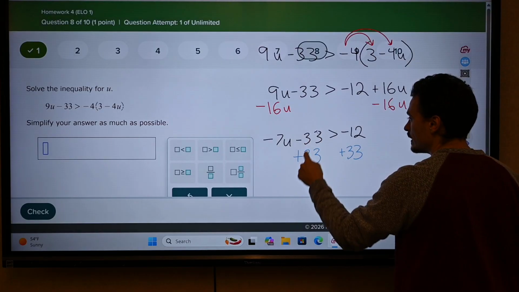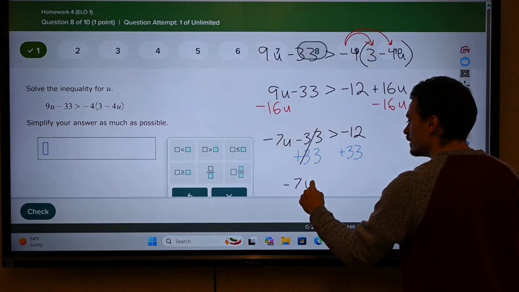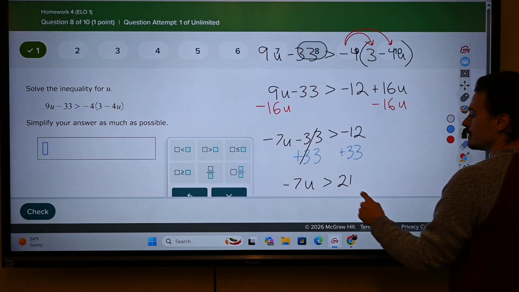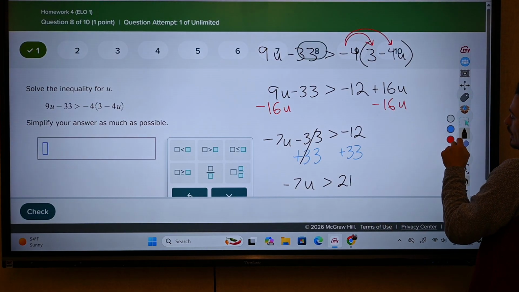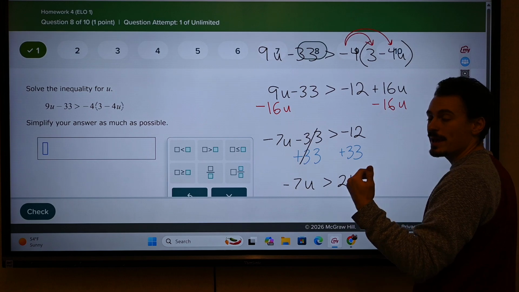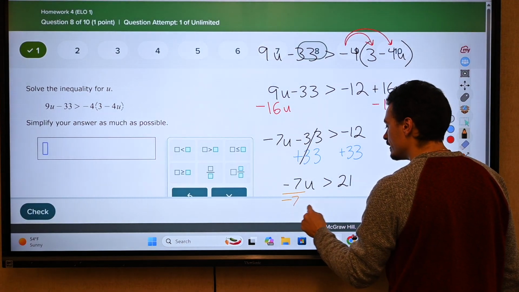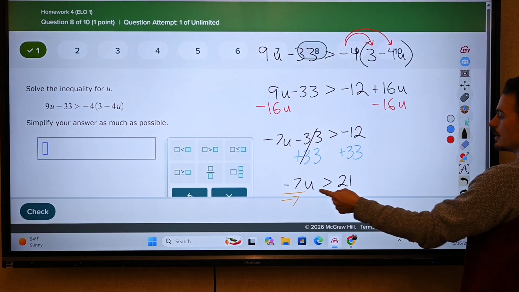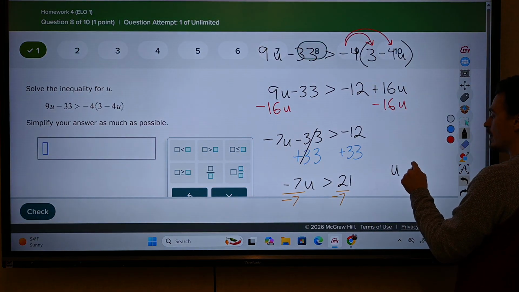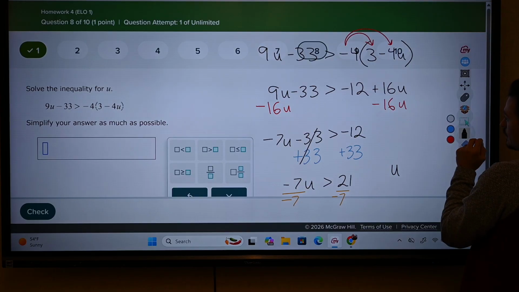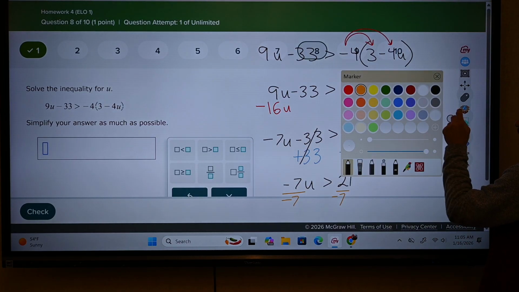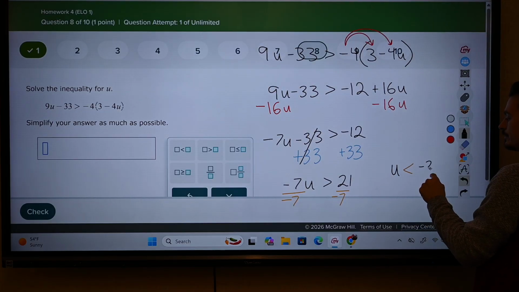That cancels. I get negative 7u is greater than 21. Now I will take my orange pen and divide by negative 7. When I divide by a negative, I get u is now less than negative 3. So my inequality is going to flip.